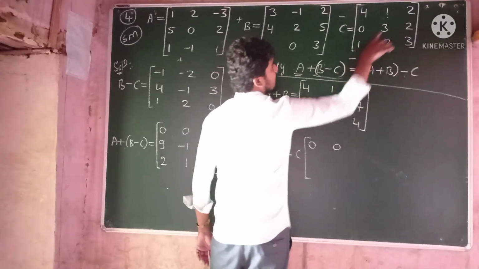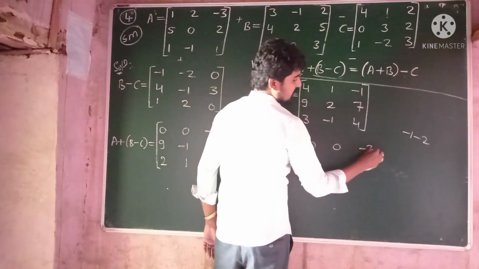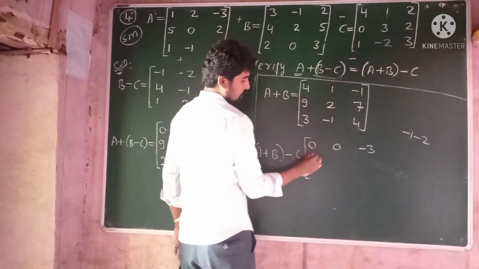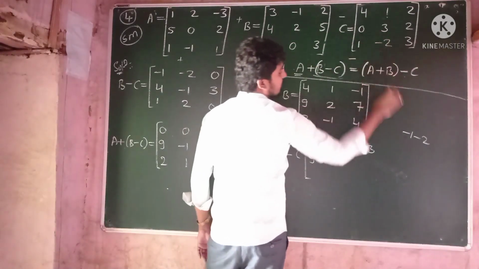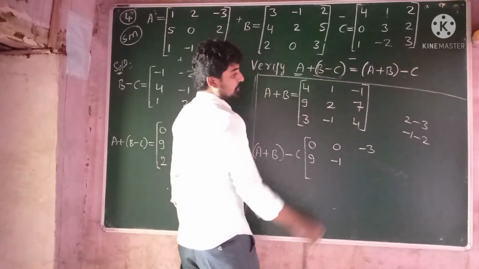Minus 1 minus 2 is minus 3. 9 minus 0, 9. 2 minus 3 is minus 1.